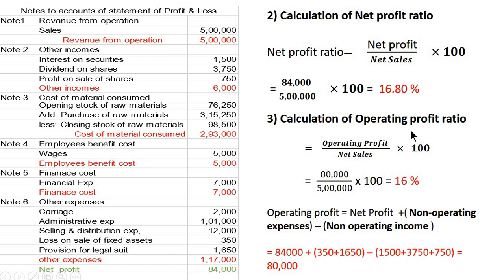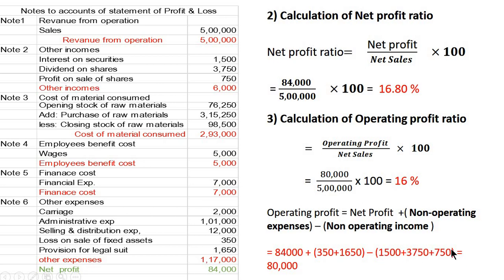The third one is calculation of operating profit ratio. The formula is operating profit divided by net sales into 100. So here operating profit is ascertained taking net profit 84,000 rupees first and adding non-operating expenses of loss on sale of fixed asset and provision for legal suit. These two expenses are added and deducting the three non-operating incomes like interest on securities, dividend on shares, profit on sale of shares.